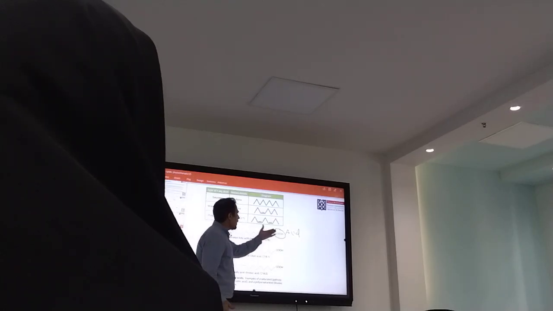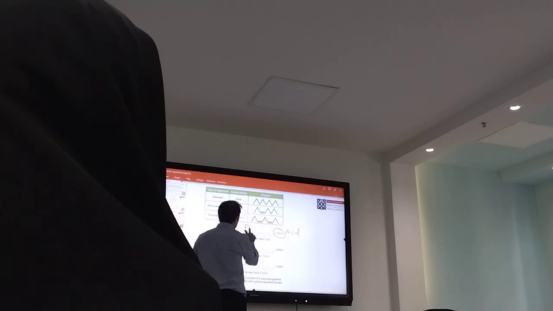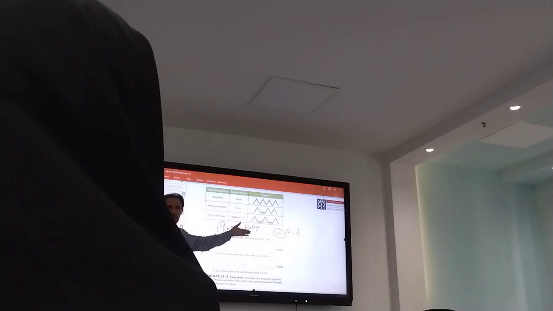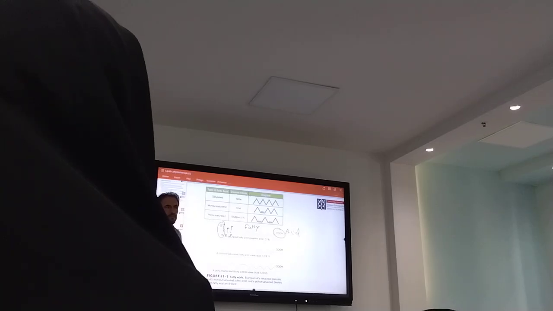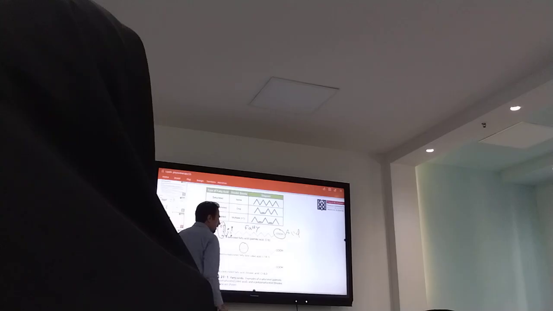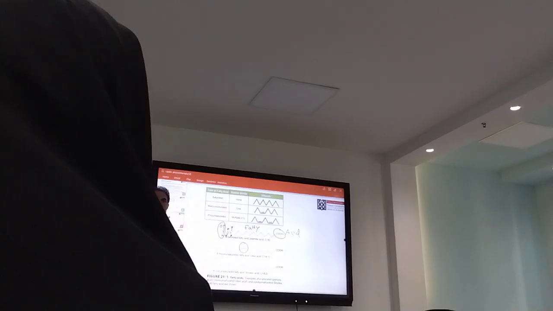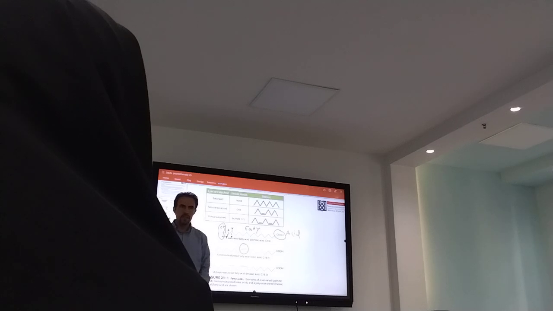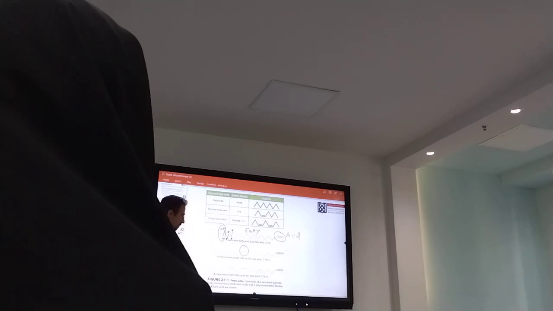So we call it fatty acid. This is the structure of a fatty acid. What's this? A double bond. Yeah, we have a double bond here. Why are we going to talk about these double bonds?